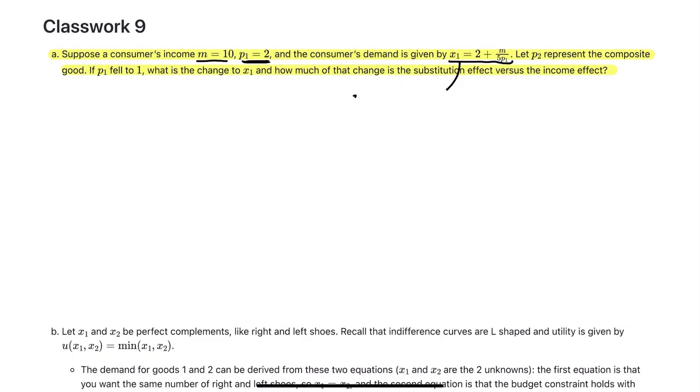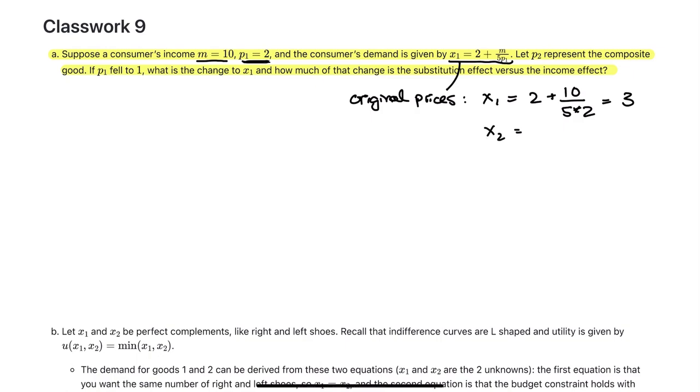Our original prices, our X1 will be 2 plus 10 over 5 times 2, which is 2 plus 10 over 10, which is 3. So X1 starts out at 3, and then what is X2, the composite good?